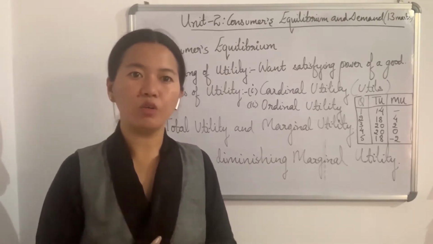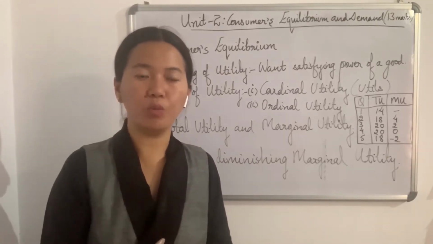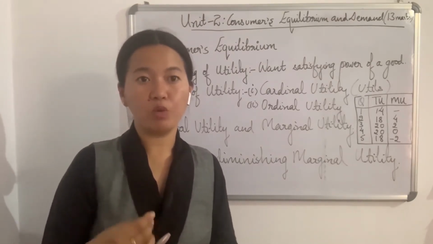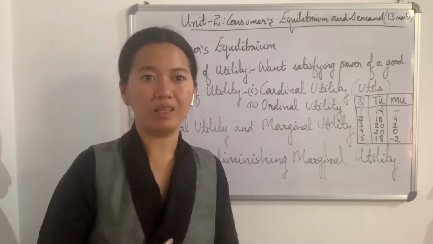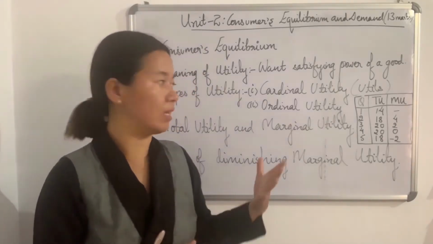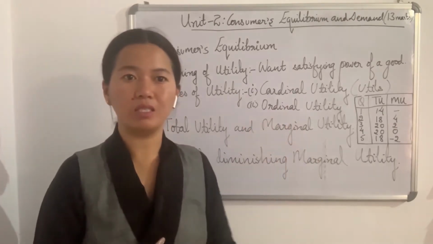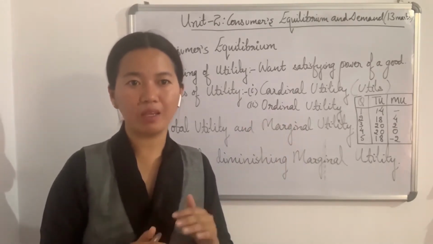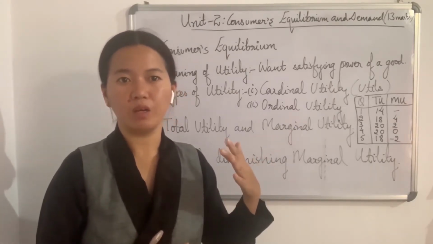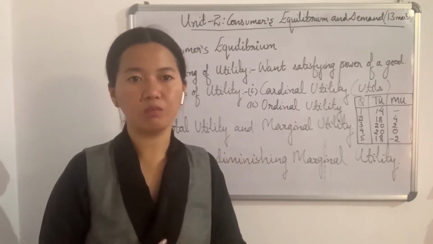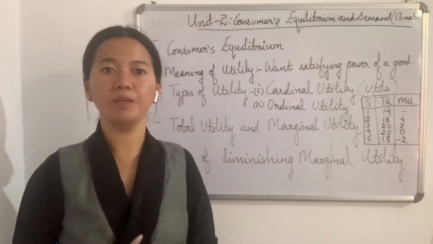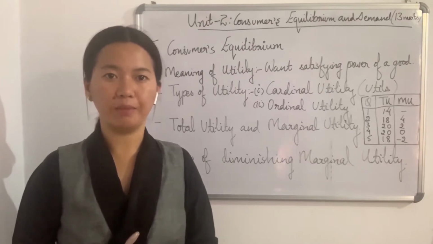Like tea offers you more satisfaction than coffee, like momo gives you more satisfaction than chowmein. In the same way, Hicks says that ordinal utility is measured in terms of ranking or comparison, whereas cardinal utility says that utility can be measured in terms of quantity, units, or utils. Next, we will learn the relation between total utility and marginal utility.